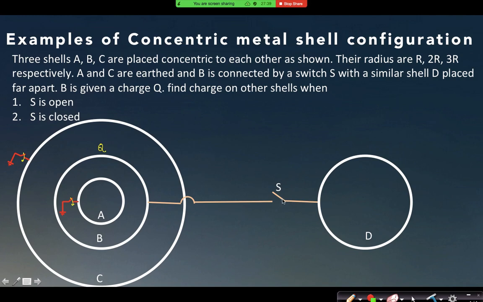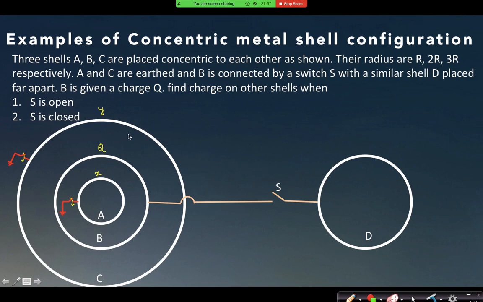Now when S is open and when S is closed, I have to find the charges. Okay, so when S is open, the charge on B will remain Q only. And let us assume that charge on A is X and charge on C is Y. Right?